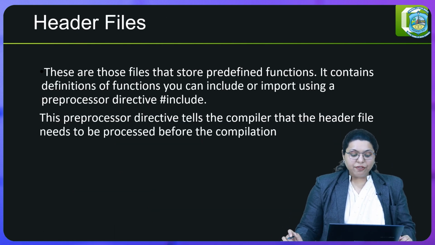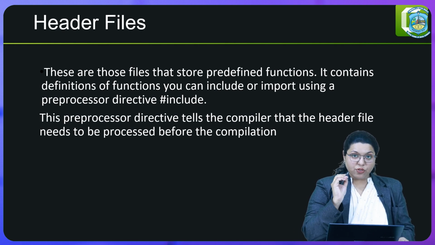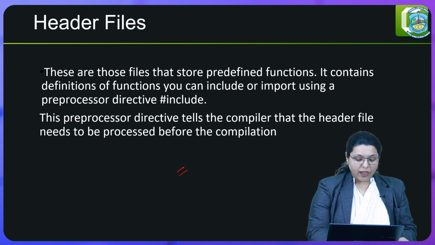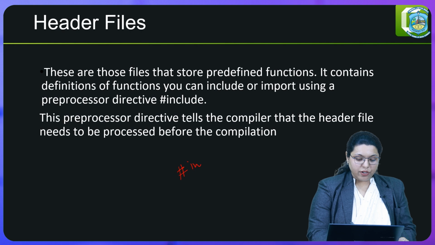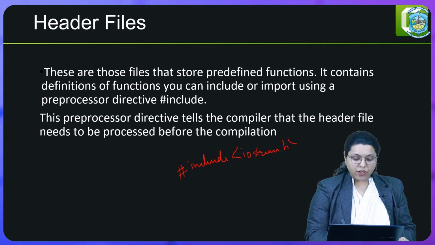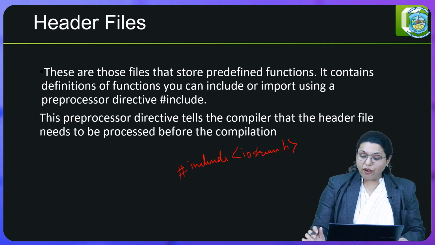Header files. Header files are the most important part of any programming language. Here we have header files, which are written at the start of any program using a hash: hash include, bracket open, iostream.h. So this is how a header file is written. These are files that store predefined functions. They contain definitions of functions.